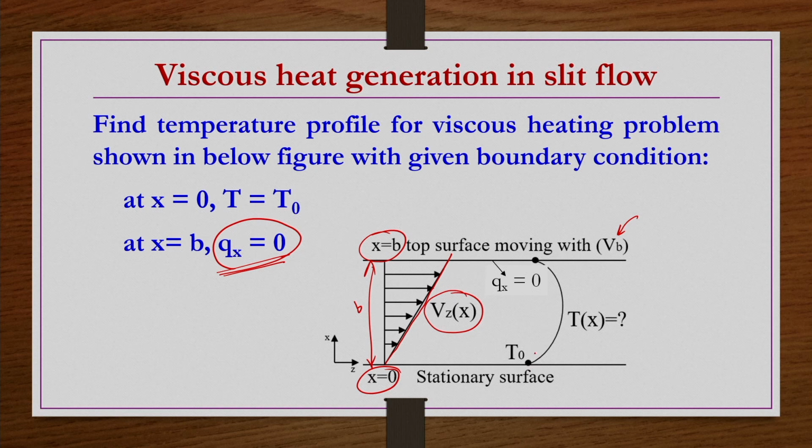The temperature of the bottom stationary surface is T naught, and the boundary condition for the top moving surface is q x is equals to 0. So what is T as a function of x, that is what we have to find. This boundary condition is the only difference compared to the problem that we have seen previously.